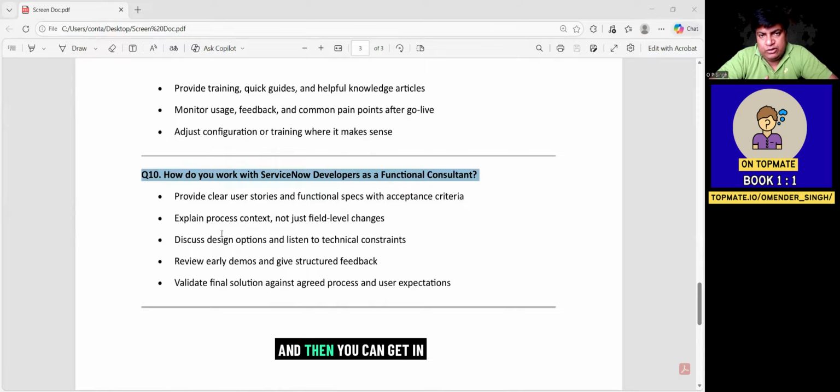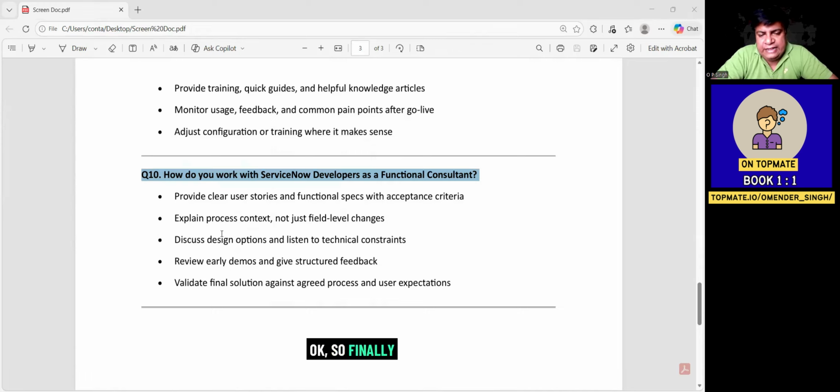You can review the early demos and give specific feedback, instead of asking developers to make changes at the last minute. It is good practice to do all these things a bit in advance so that the developer has time to make changes.